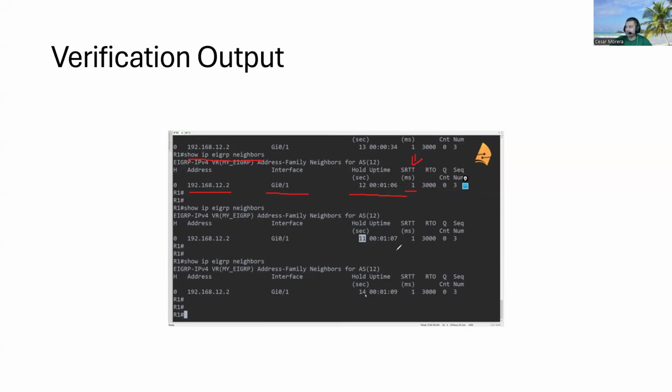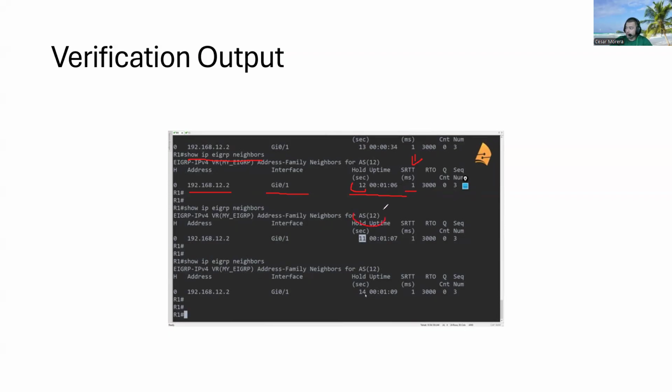Basically, the most important is the address, the interface, the uptime, and the hold down timer, in this case, is 12 seconds. Those are the most important ones. So let's just focus on those for the meantime.